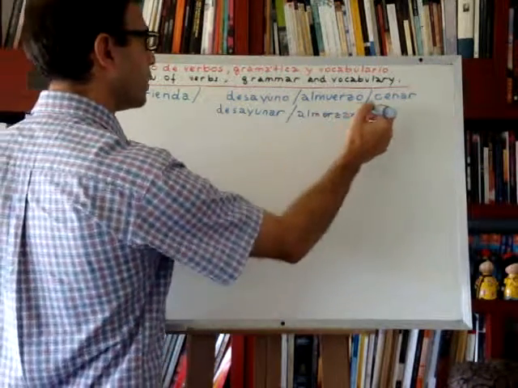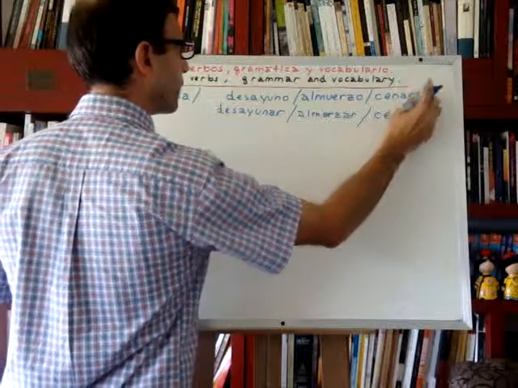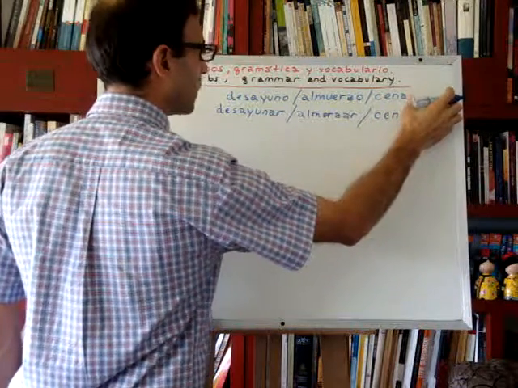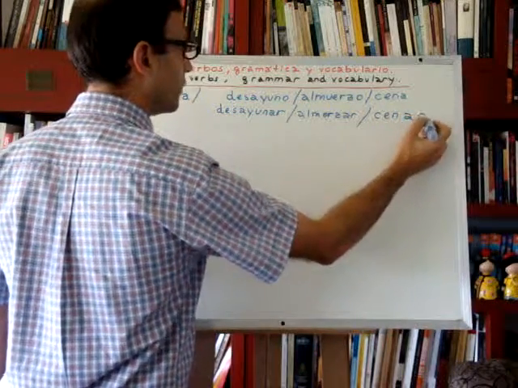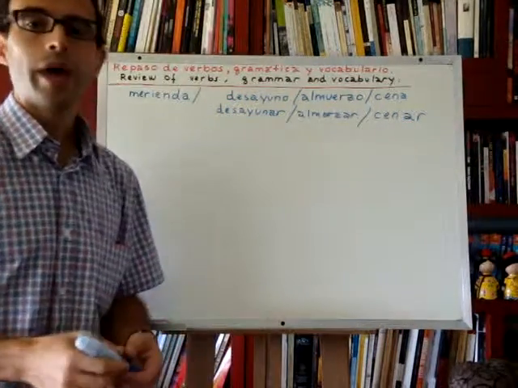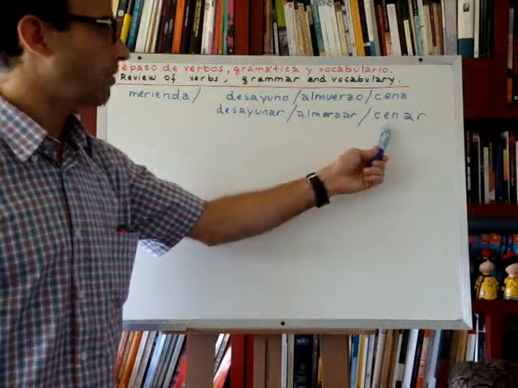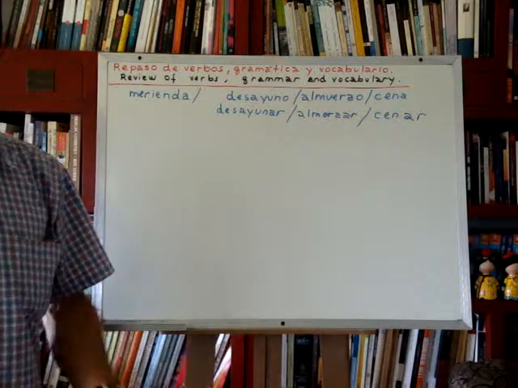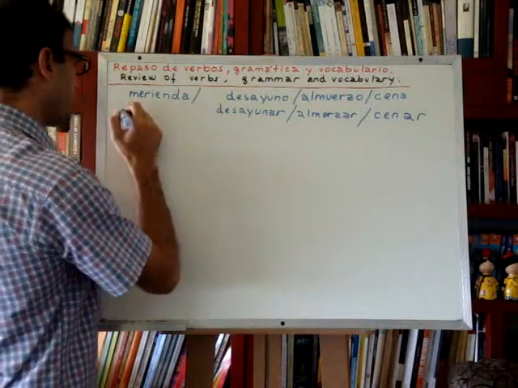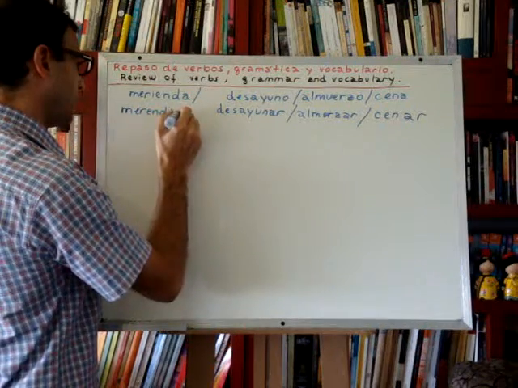And to have dinner is cenar. Sorry, cena is the word for dinner, and cenar is the word for to have dinner, okay? Dinner and to have dinner. And to have a snack is merendar. Merendar, okay?